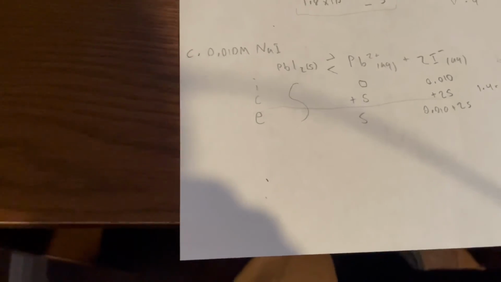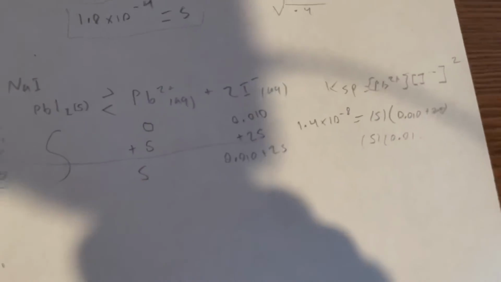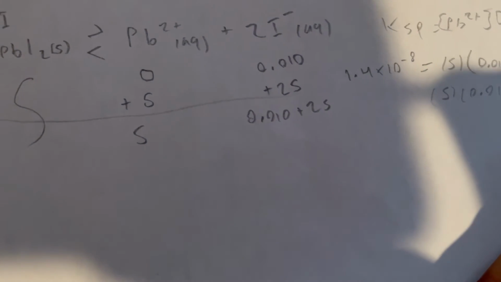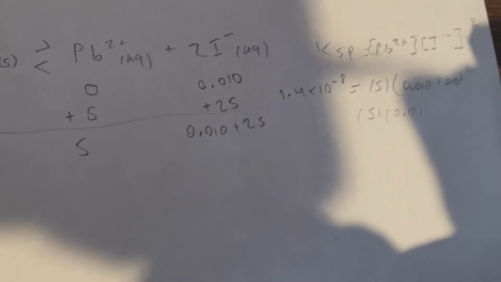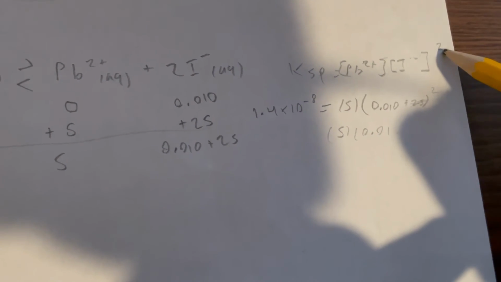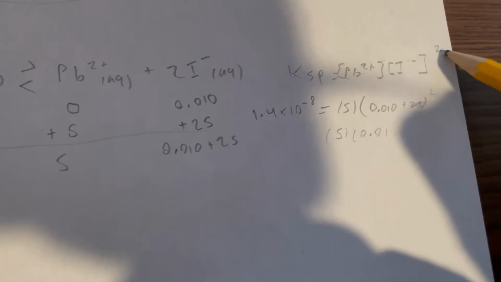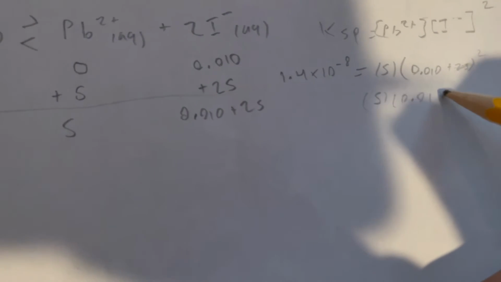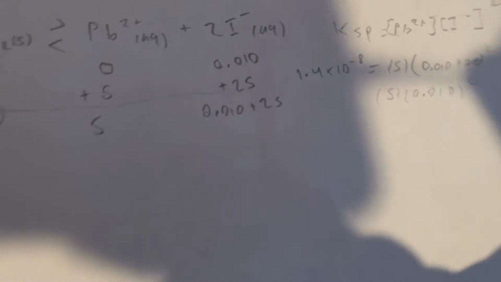All right. And now that we have this, wait a second. Oh, I forgot to put the square over here. Since the concentration of I minus is squared, we're gonna square this little section over here as well. So this is gonna be squared.